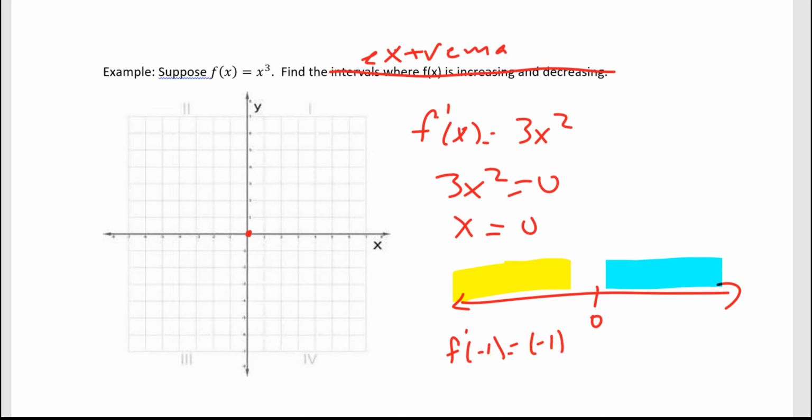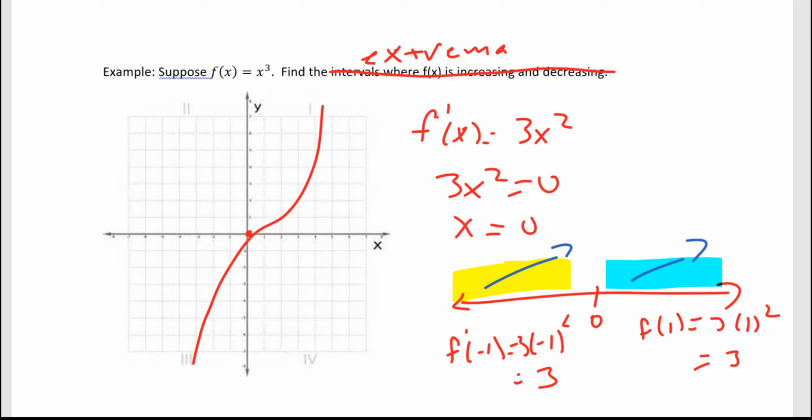What's f prime of negative 1? 3 times negative 1 squared. Okay, that's going to be 3. If I look at f prime of 1, that's 3 times 1 squared, which is 3. So you'll notice in both cases it's increasing. Okay, and if you graph the function, it looks something like that.